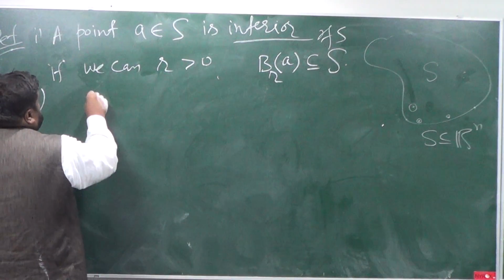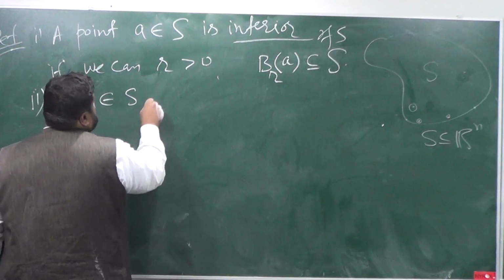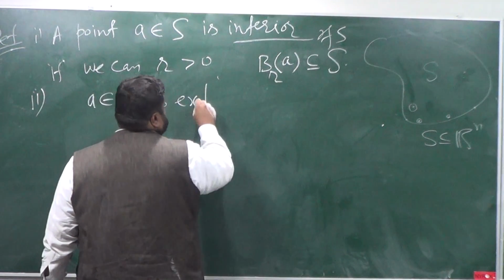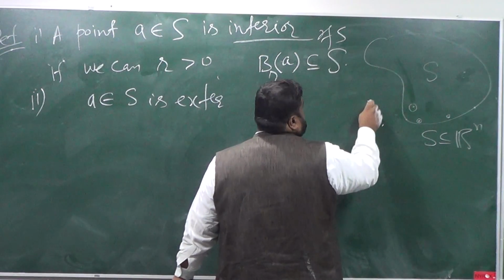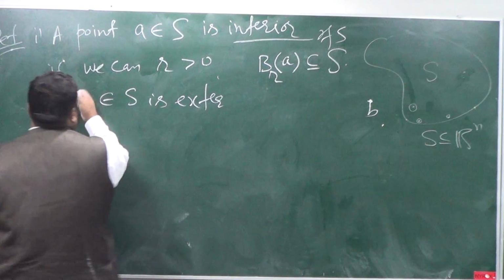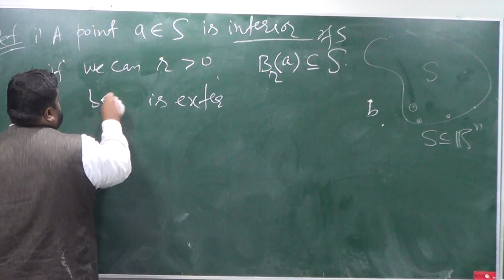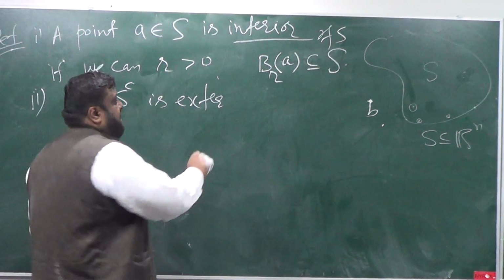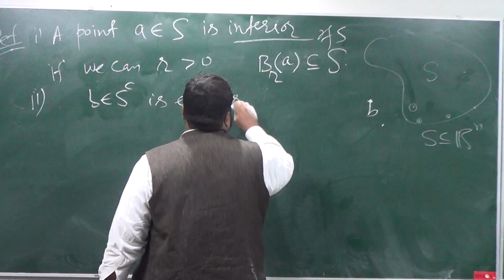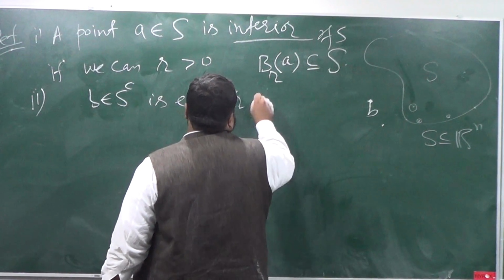So a point A is exterior. Okay, maybe I take another point B for example from outside. B from S complement is exterior.